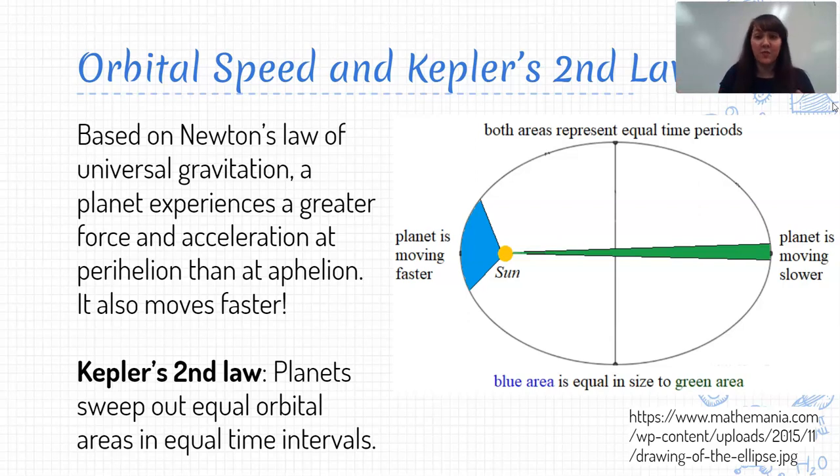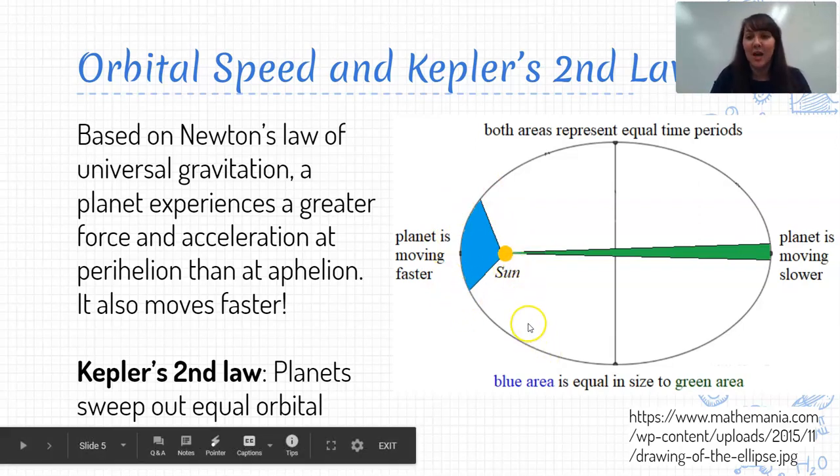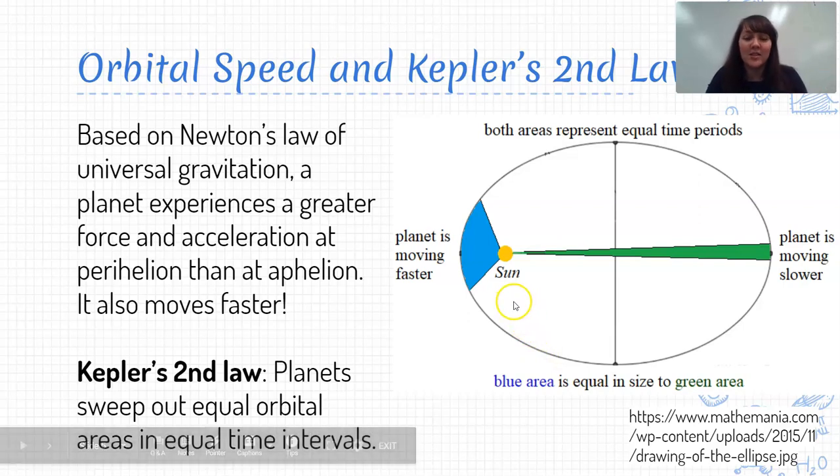Now, more specifically, what Kepler discovered is that if we were to plot where the planet is at one point, and then we waited some number of seconds and then plot where it is at this new time, the amount of area that's being swept out from that ellipse, that little segment that we see in blue right here, is going to be equal to the area swept out during that same time interval anywhere else in its orbit.